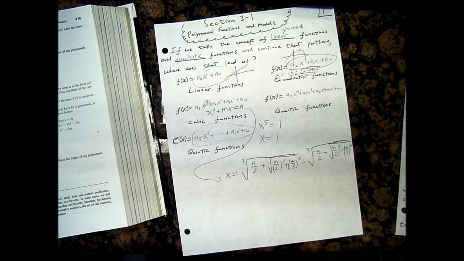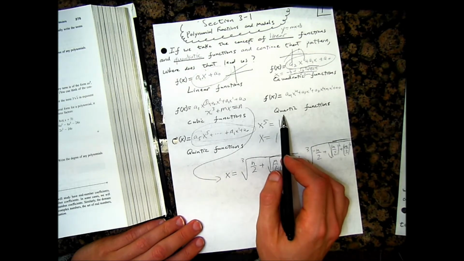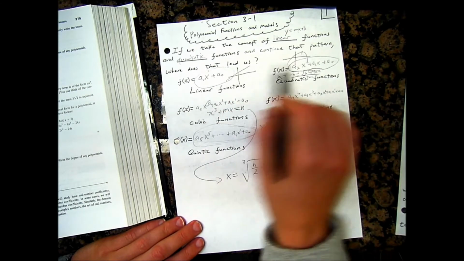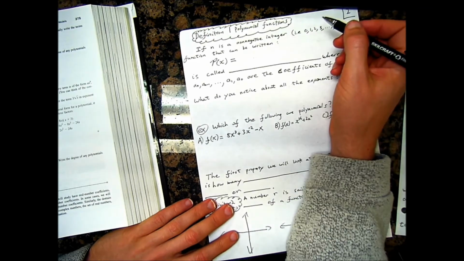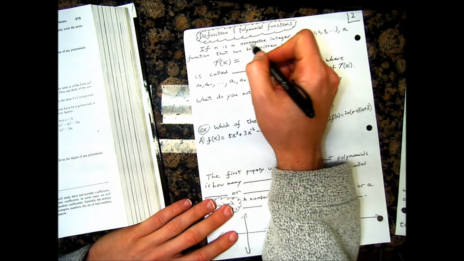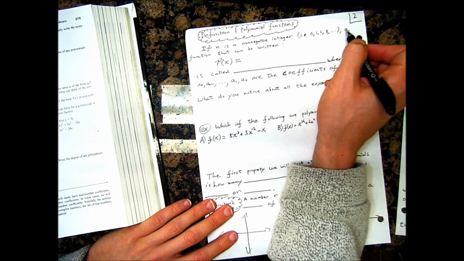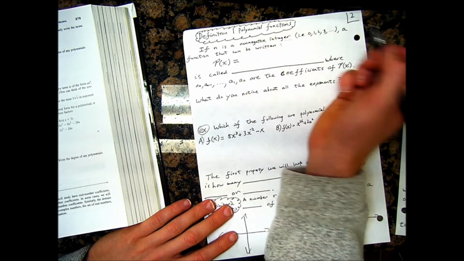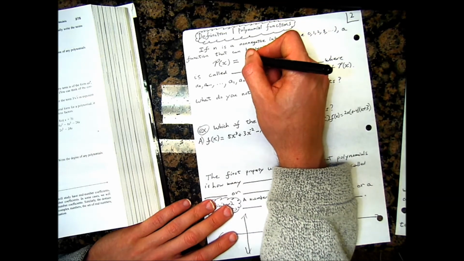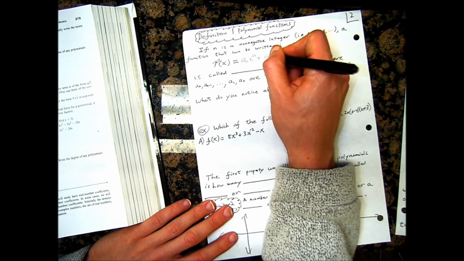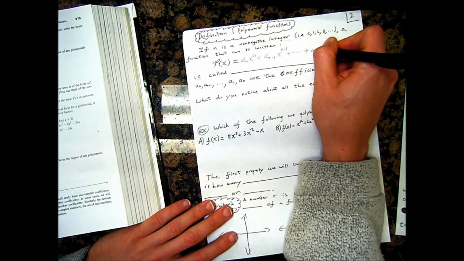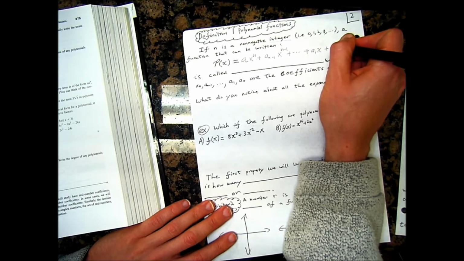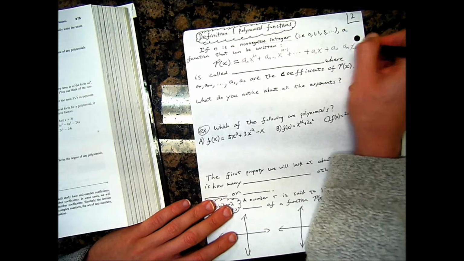Anyways, things do get complicated, and if we follow this pattern of adding terms and powers, then we can see the general definition of a polynomial: as long as your exponent is a non-negative integer, 0, 1, 2, 3, and so on, any function that can be written this way, a_n x to the n plus a_(n-1) x to the n minus 1 plus, and so on, plus a_1 x to the first power, but we never write the first power because it's redundant, where a_n is not equal to 0.